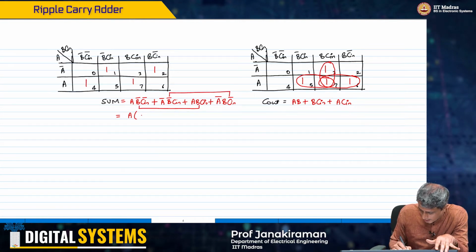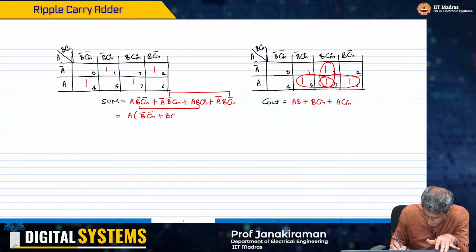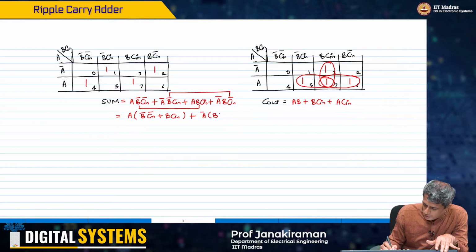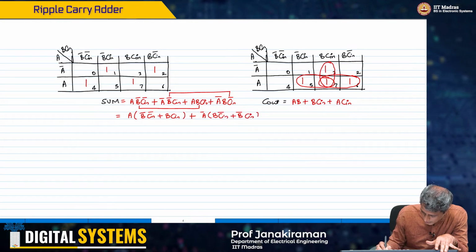I can write it as A into B bar C in bar plus B C in, plus A bar into B C in bar plus B bar C in.